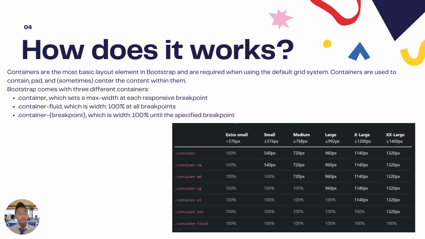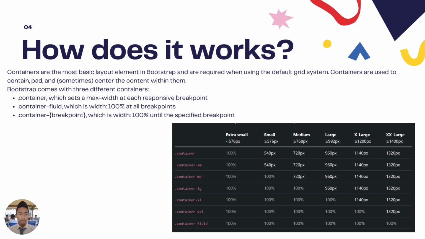So what's the difference between these breakpoints? What's the function of these breakpoints? The breakpoint is triggered when the screen reaches a certain size, as I said before. When the screen reaches a certain size of this breakpoint, it will change the size of the container.